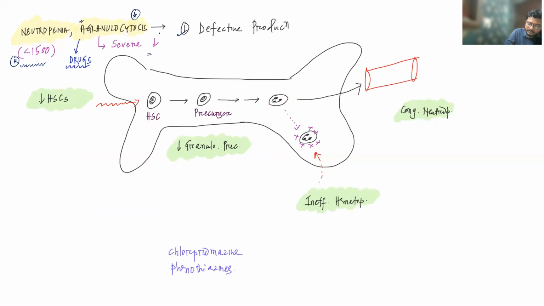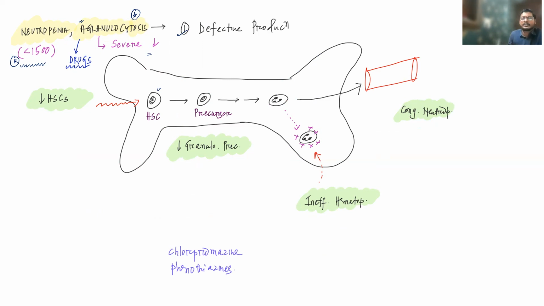As you all know, everything starts from the hematopoietic stem cells. They give rise to the precursors of the neutrophils, the granulocytic precursors, and these neutrophils will then come out into the blood. So if there is a defect in the hematopoietic stem cells, that can cause reduced neutrophil production.